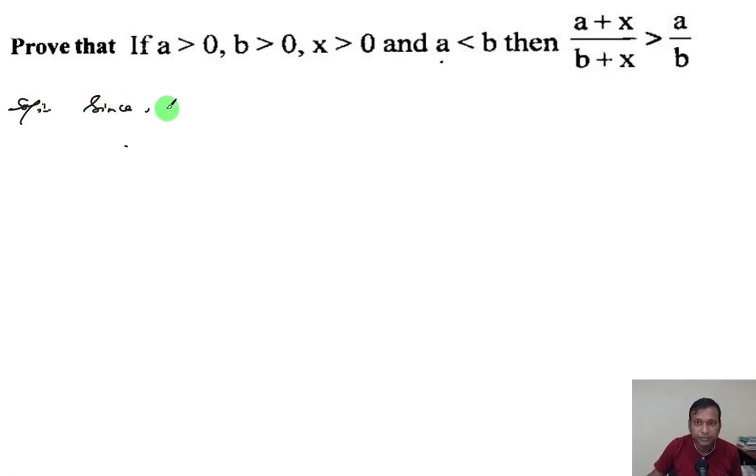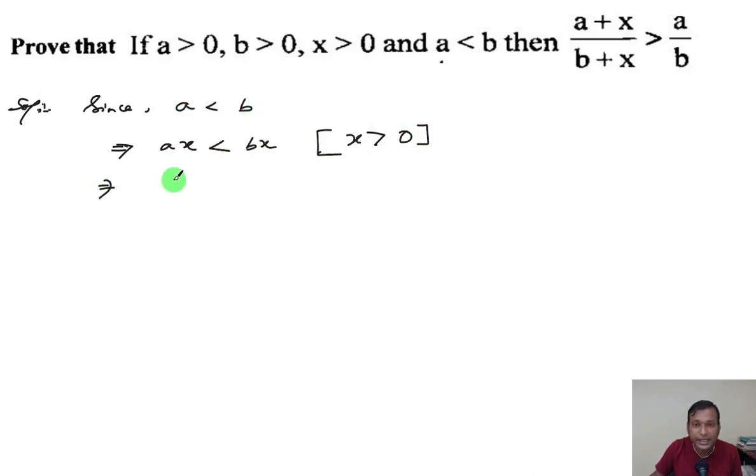Since a is less than b, this implies ax is less than bx, because when a positive number is multiplied to an inequality, the sign of inequality does not change. Here x is positive. This can be written as bx is greater than ax.